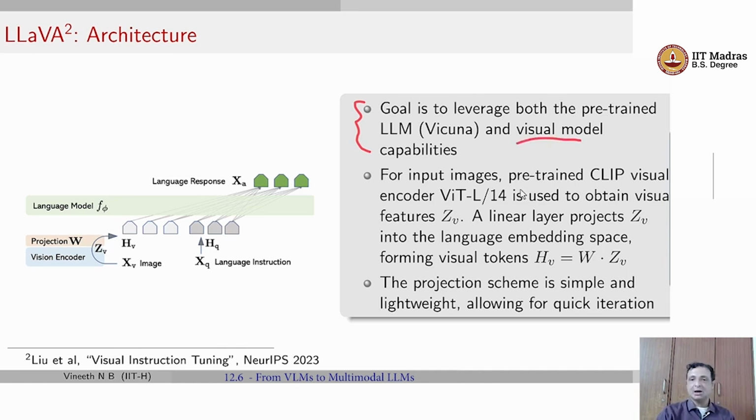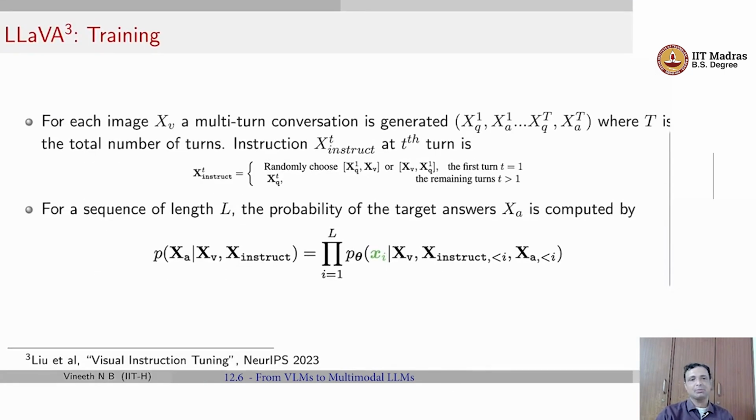For input images, a pre-trained CLIP visual encoder ViT-L/14 is used to obtain features Zv. You can see that here too. So Xv, a given image, is fed into the visual encoder, which is a ViT, and you get Zv. A linear layer projects Zv into visual tokens Hv. So you have a bunch of weights which are learnt, which project Zv into Hv. This projection scheme is simple and lightweight so that you can do this efficiently and quickly.